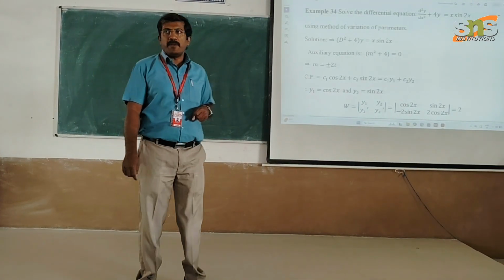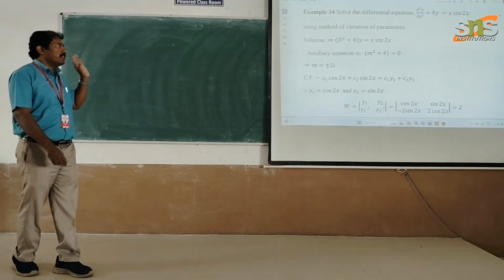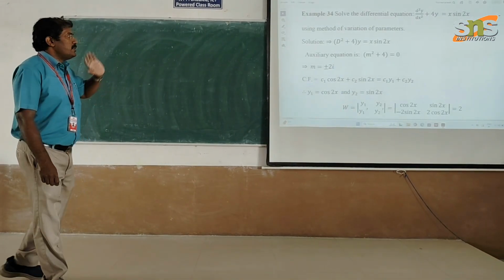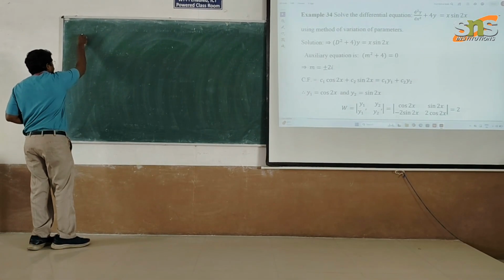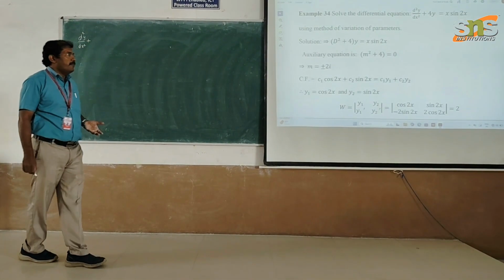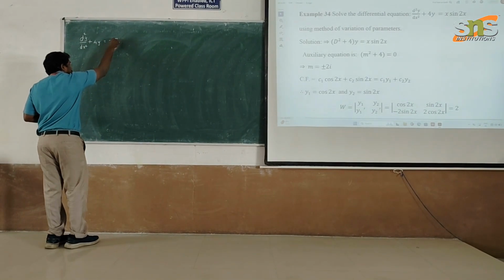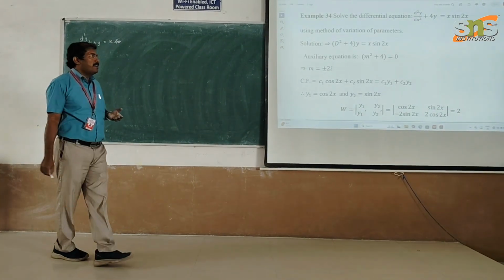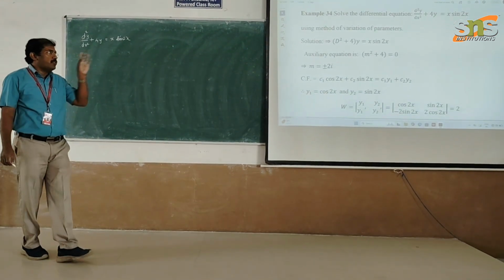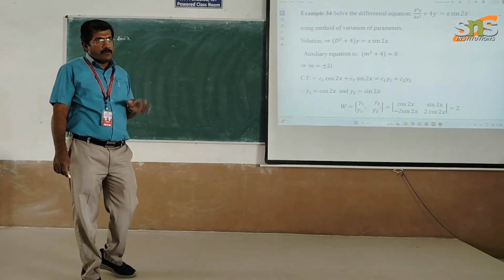So in this discussion of the method of variation of parameters, we are going to see another question. Solve the given differential equation d square y by dx square plus 4y is equal to x sin 2x, using the method of variation of parameters.